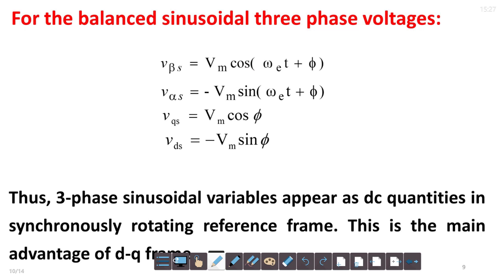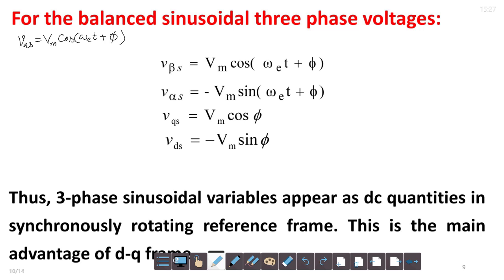So, let us consider the balanced 3 phase voltages. We consider V as equal to Vm cosine of omega e t plus phi, because phi is there.